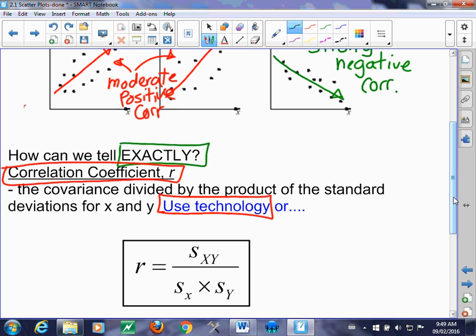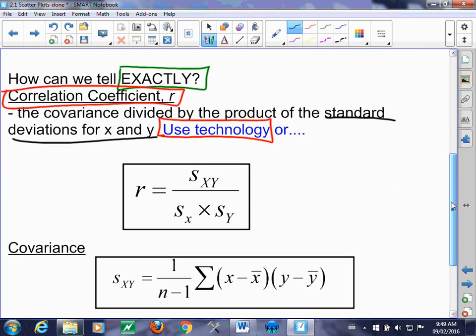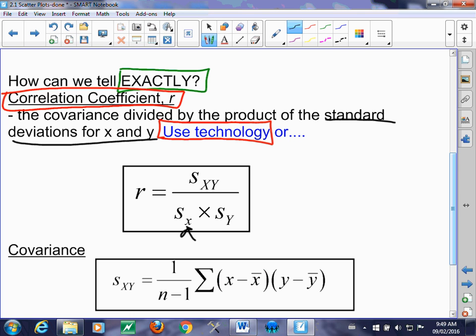When you do it long form by hand, it gives you lots of sources of error, and it takes a long time. So to figure this out, folks, you have to remember that to get the correlation coefficient, you have to take the standard deviations of both x and y. So that's s sub x and s sub y, which are right here, and combine them.